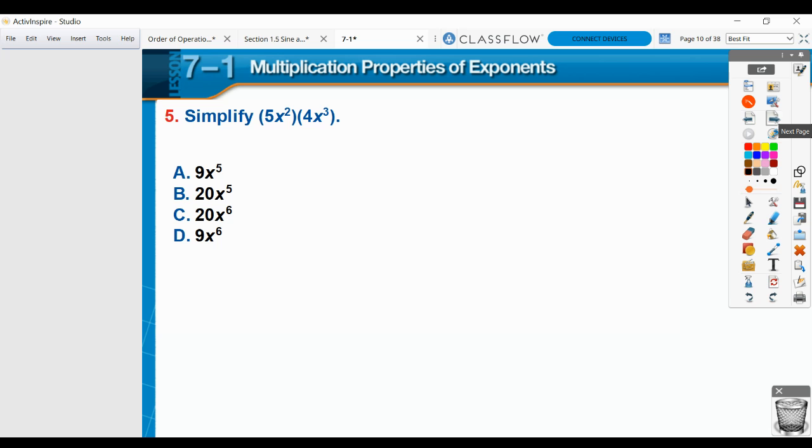Okay, next one. If you look at the coefficients, you have 5 and 4, so that would be 20. And then you want to add the exponents. So you get x to the 5th.